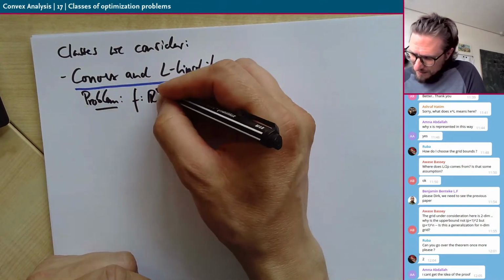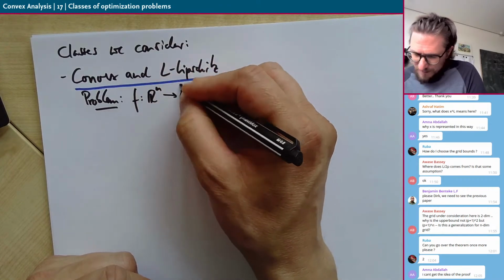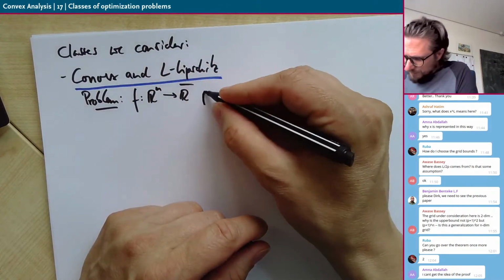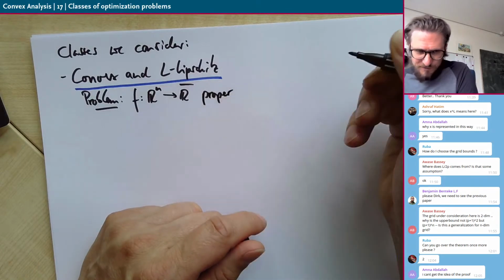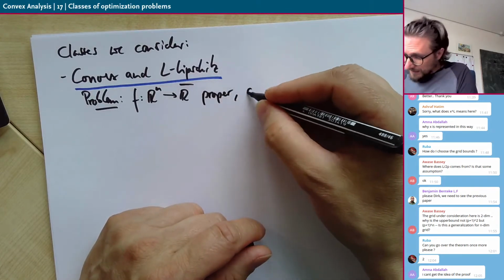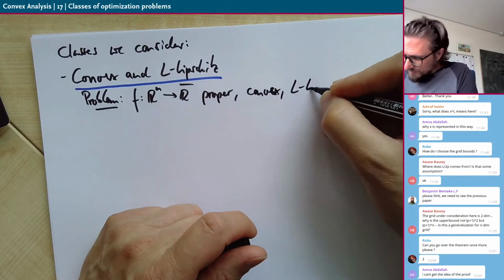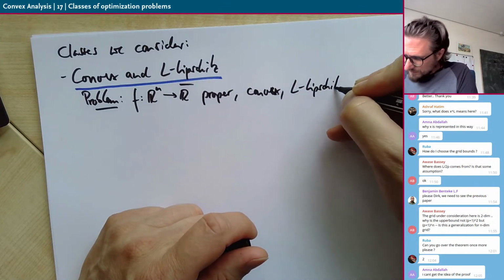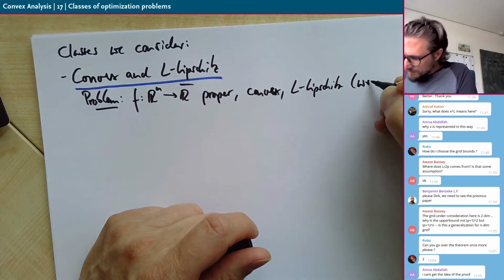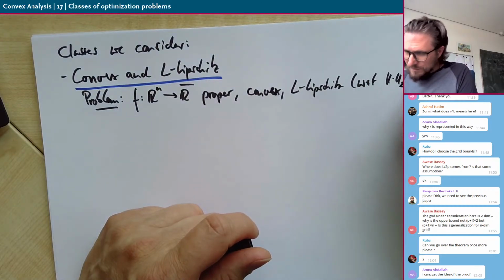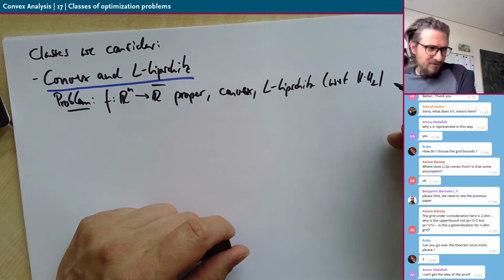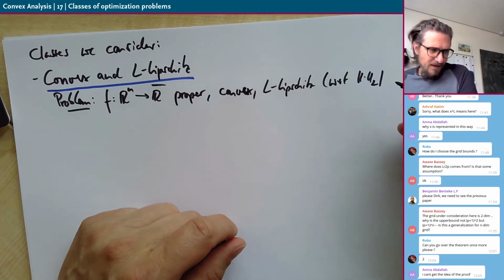We have f goes from Rn to the extended real numbers. Proper, which means it assumes some finite value. It's convex. And also L-Lipschitz. In this case, with respect to the 2 norm, but it doesn't make much of a difference.